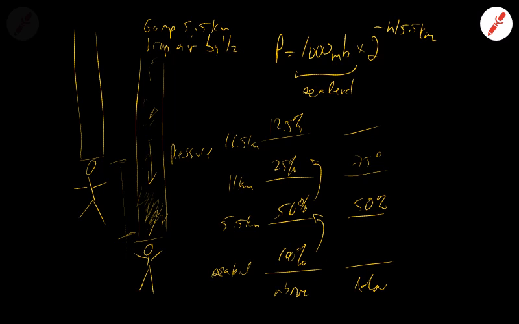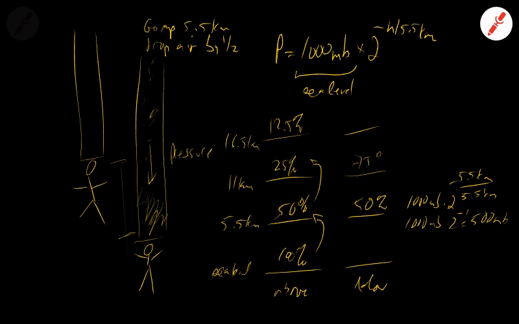Notice that, for example, if I wanted to do 5.5 kilometers, I would have a pressure of 1,000 millibar times 2 to the negative 5.5 kilometers over 5.5 kilometers. This is 1,000 millibar times 2 to the negative 1, or 1,000 millibar divided by 2, which is 500 millibar.